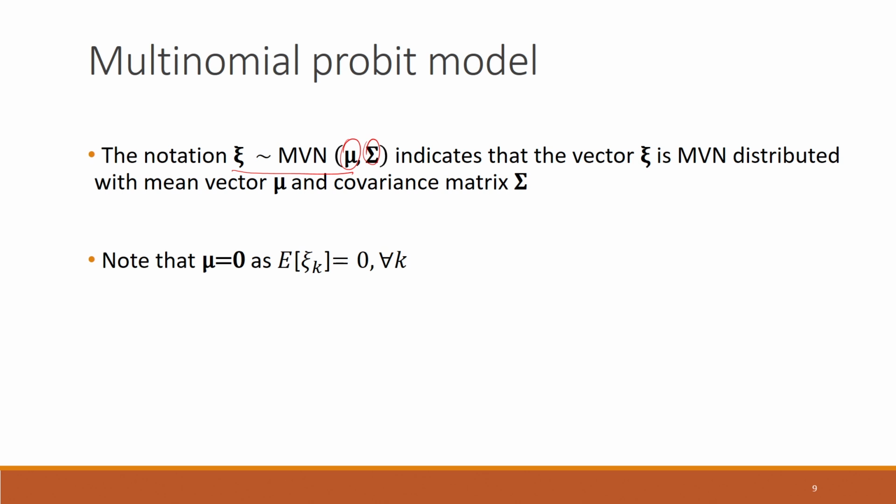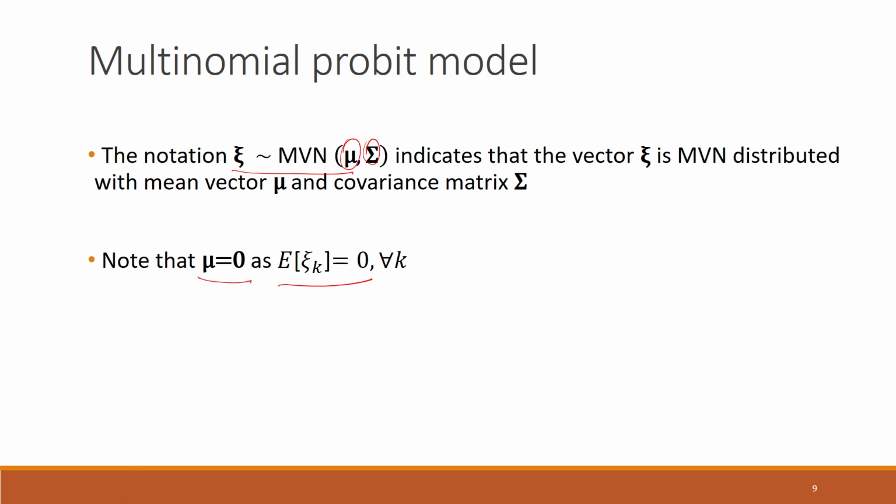Now, since we have mentioned that in discrete choice models we assume that the expected value of each error term is equal to 0 in every alternative, therefore, this mean vector has to be identically equal to the 0 vector.